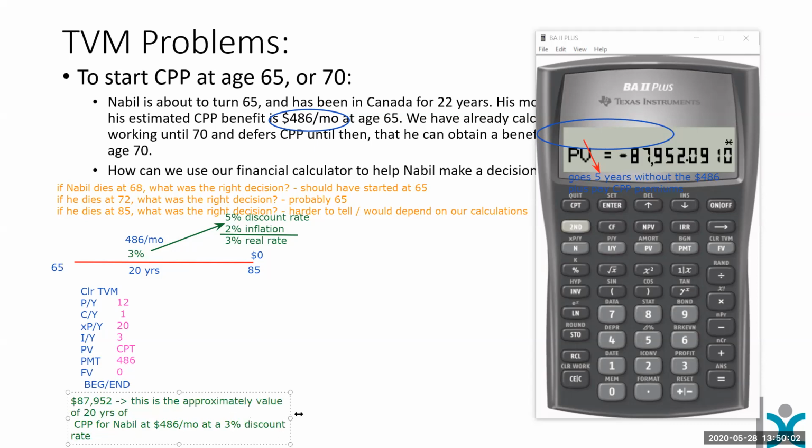If I was telling Nabil what his CPP is worth, that's what I would express it to him as. I would say, really, the government of Canada is giving you a benefit that's worth about $88,000 by doing it this way. It's very much like an annuity question or a retirement planning question.